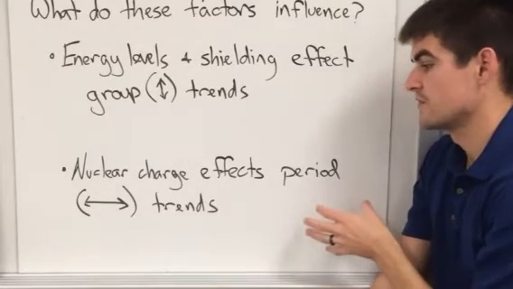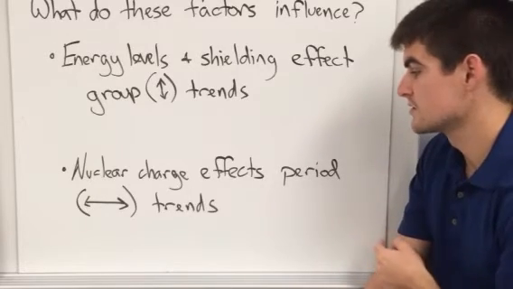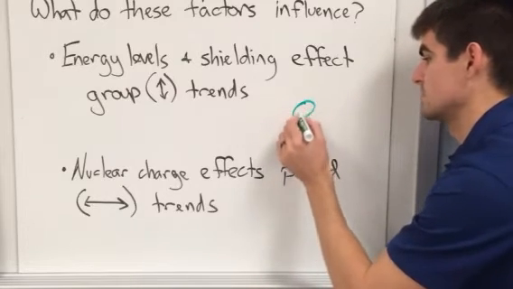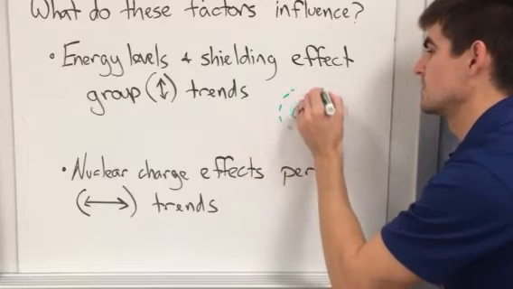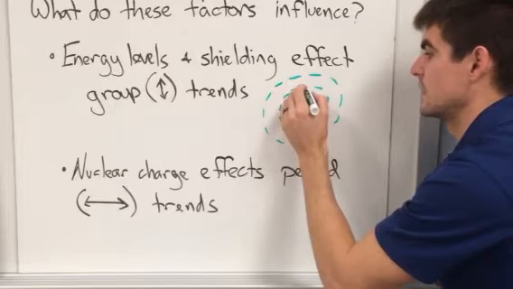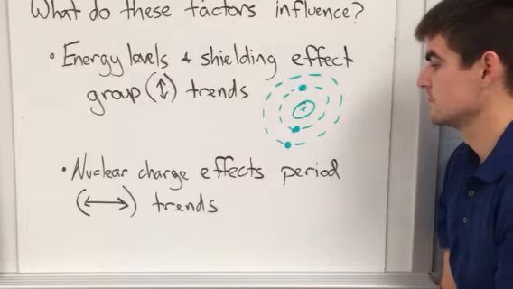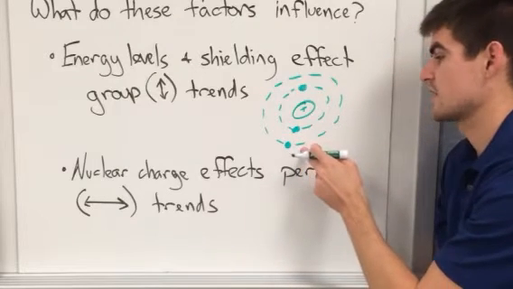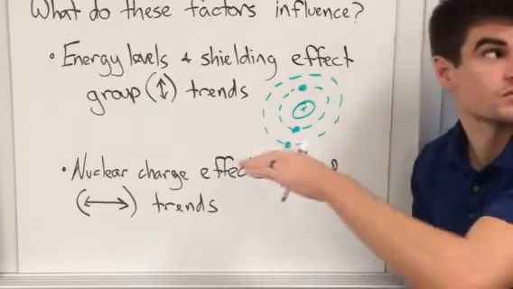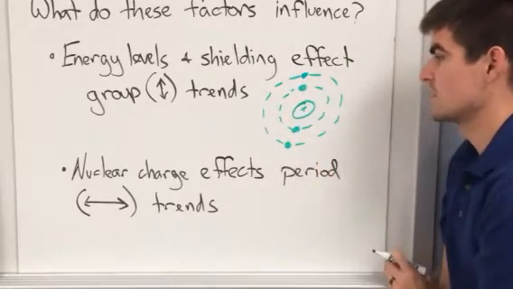Nuclear charge affects period trends. So this is the only one that affects left to right, because for this, let's take an easy example. We look at the Bohr model, and let's look at lithium. Well, lithium, 1 electron in the second ring. As we go across that periodic table, beryllium is the next one, so it's going to have 2 electrons here.